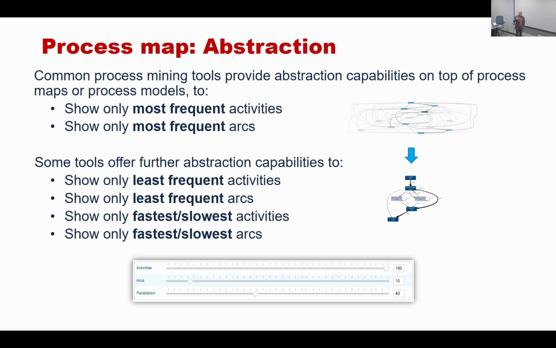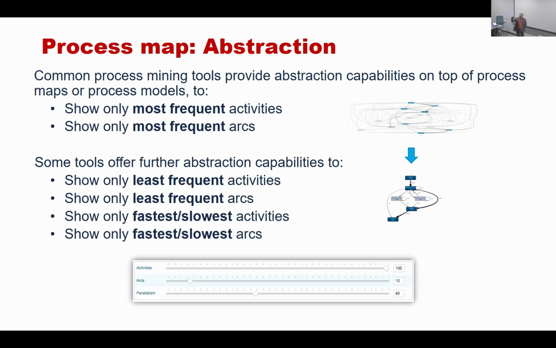And which arcs do you hide? Well, you can tell the process mining tool, please hide the most infrequent activities or the most infrequent arcs, or the fastest arcs. I'm interested in finding bottlenecks, long waiting times.